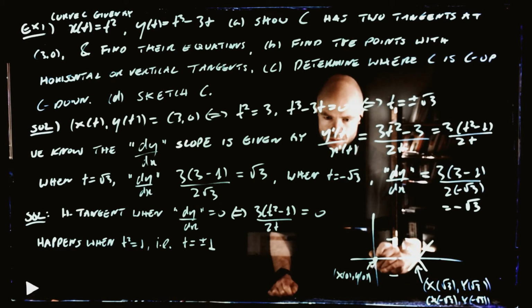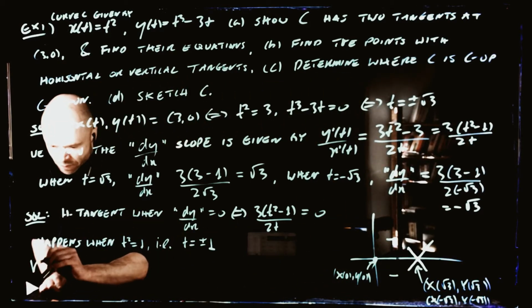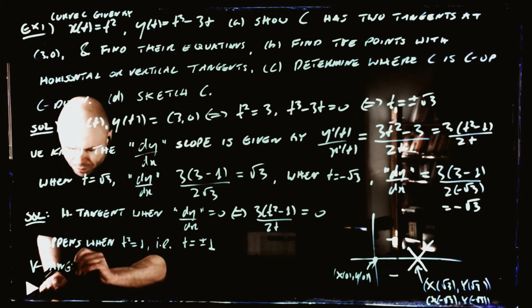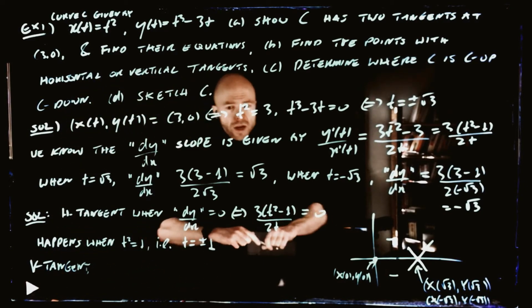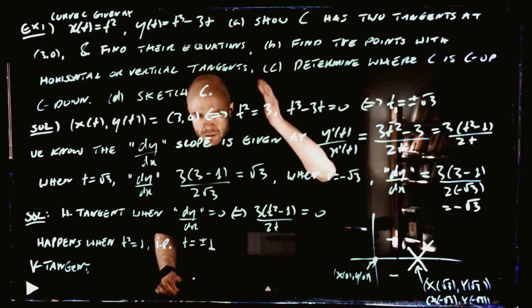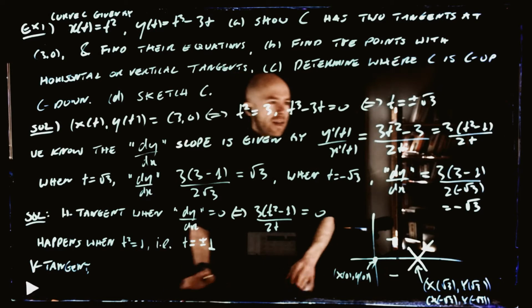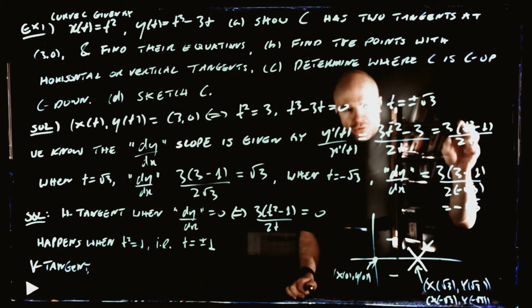Yeah? Cool. And then what about vertical tangent? That happens when we have the dy by dx slope is equal to infinity. Yeah? And when does that happen? That has to happen when this thing blows up to infinity, which is going to happen as t approaches 0.